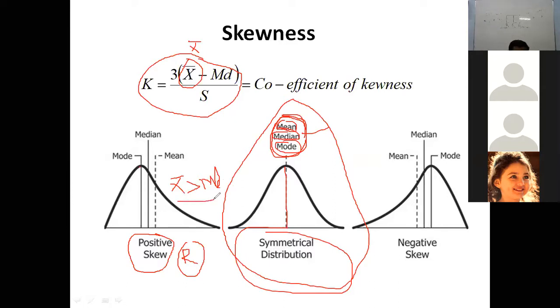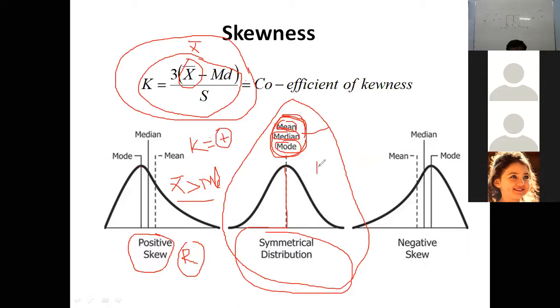So if the mean is higher than MD, what can I say about this value, whether K is positive or negative? Don't worry about the value. If positive, so here we have a positive value. K will have a positive value.